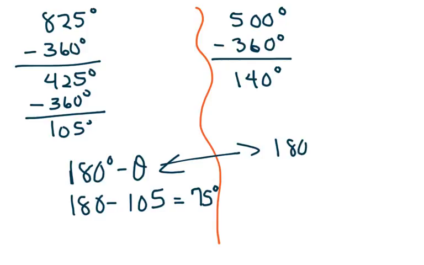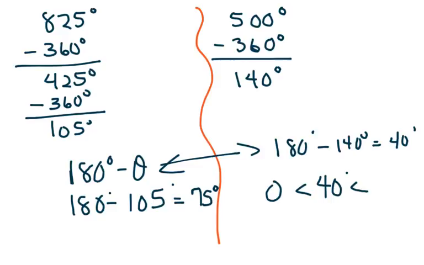So 180 degrees minus 140 degrees equals 40 degrees. 40 degrees lies in our range, between 0 and 90 degrees. So that's our reference angle.